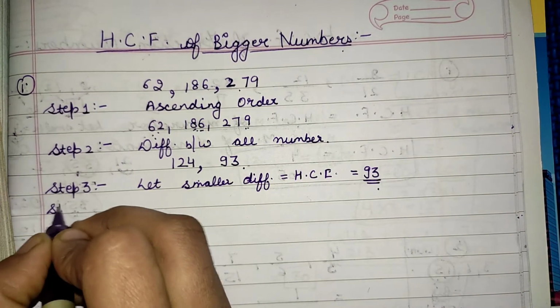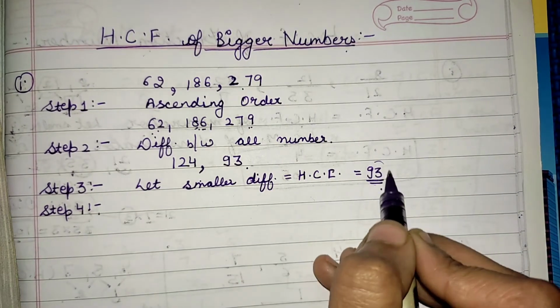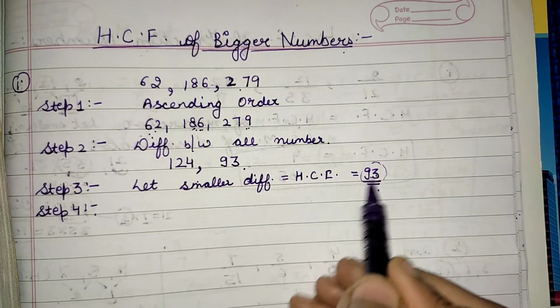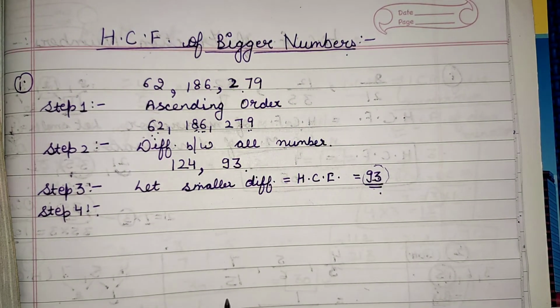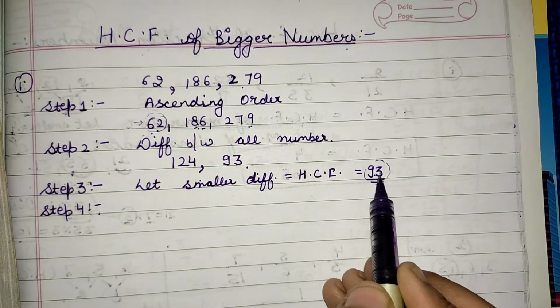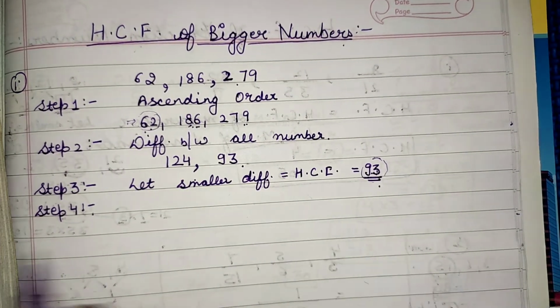Moving to step number 4. We have to check whether each of the numbers is divisible by 93 or not. You can see that 62 is smaller than 93, so it can never be divisible by 93.